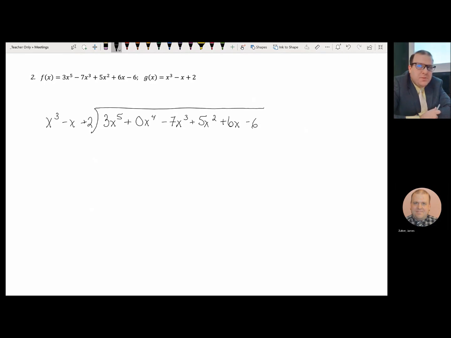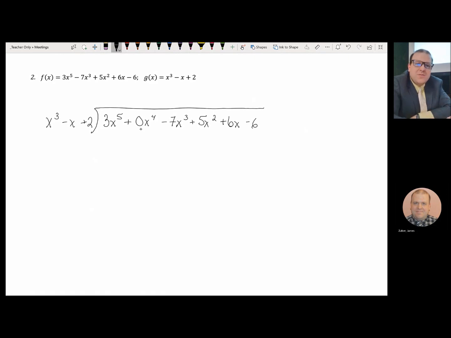For bookkeeping purposes and to keep everything lined up, if your dividend is missing a term, which in this case it's missing the x to the 4th term, write it as 0 times that missing term.